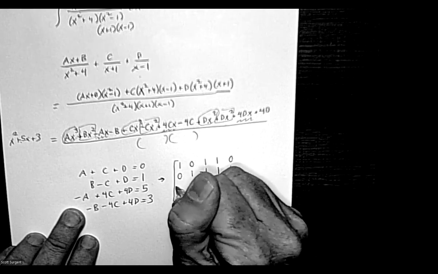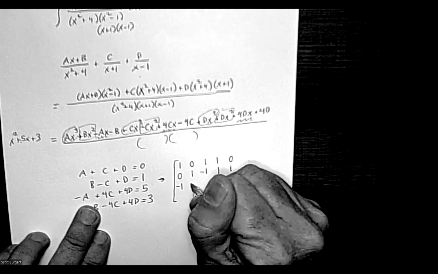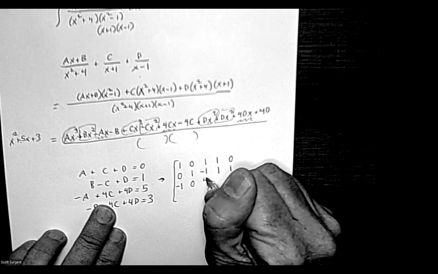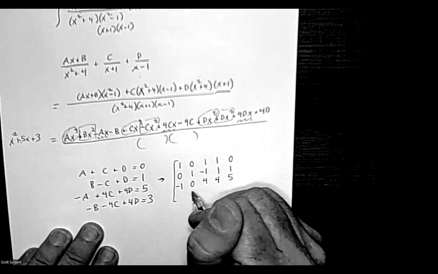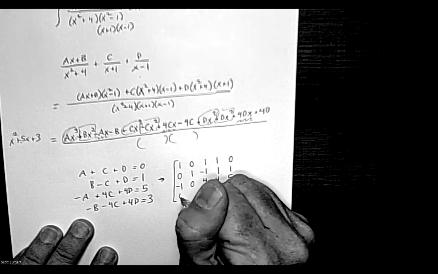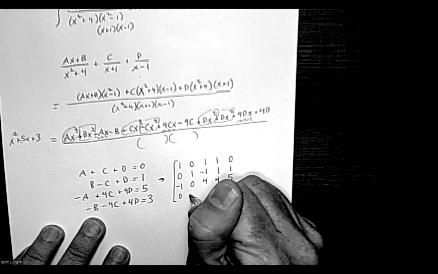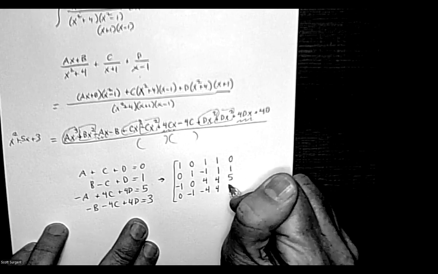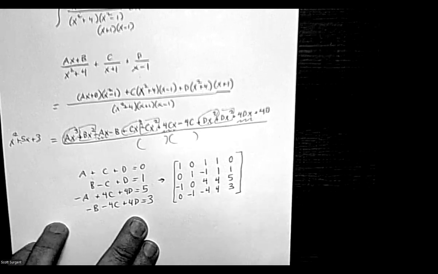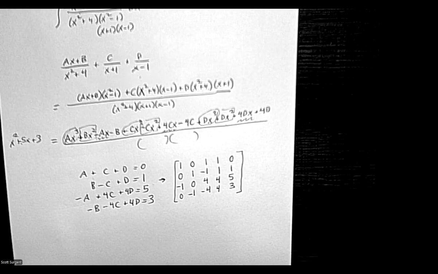In the third row, I have a negative A, so it's negative 1. I don't have any B's. I have a 4C, a 4D, and that has to make 5. And then on the bottom, I don't have any A's. The B is going to be negative 1, negative 4, 4, and 3. All right. This is so cool.